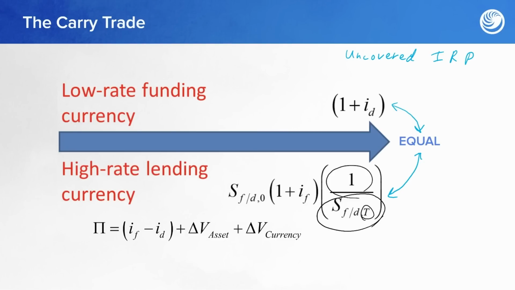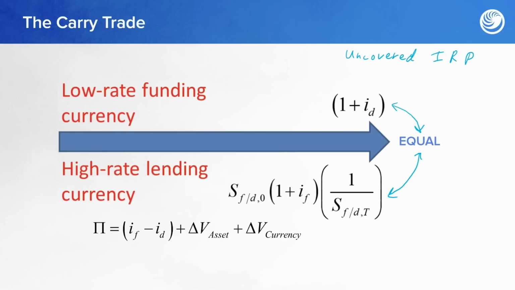Those two should be the same. If they end up being the same, then uncovered interest rate parity holds and the carry trade is not profitable. However, the carry trade is only really profitable if the uncovered interest rate parity does not hold, so these do not equal each other.